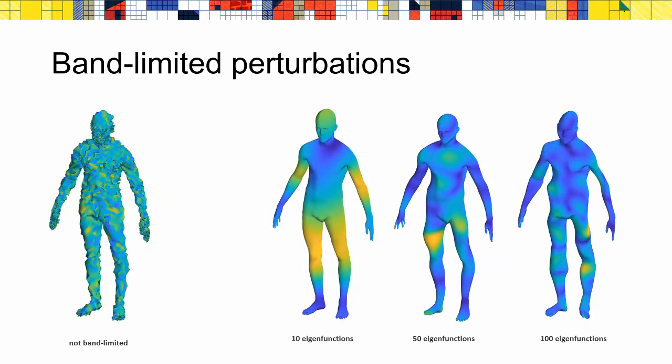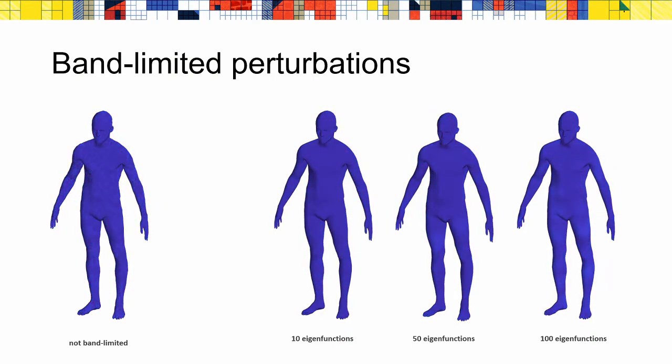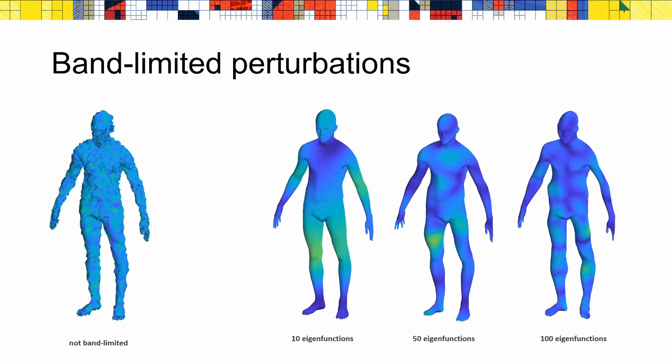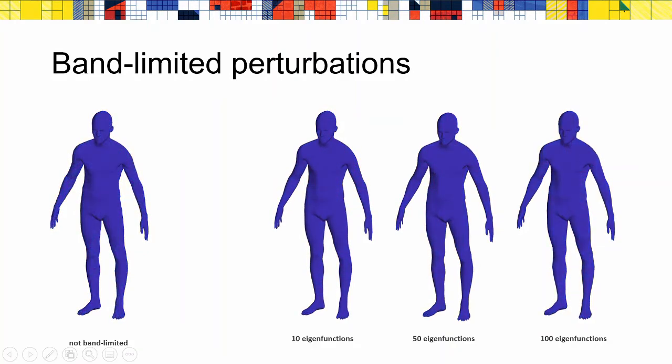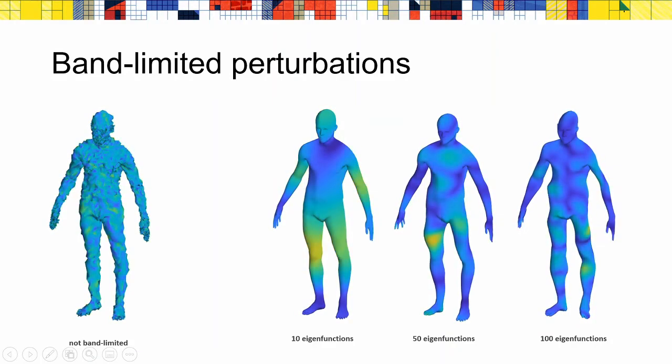On the other hand, the truncated perturbation, even if less expressive, tends to better preserve the original surface, which is especially true when working with fewer eigenfunctions. It is interesting to see how, with a higher number of eigenfunctions, finer noise starts to be seen also in the truncated perturbation.